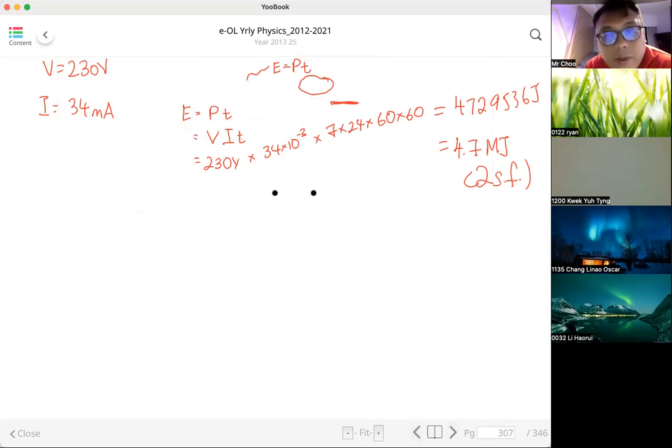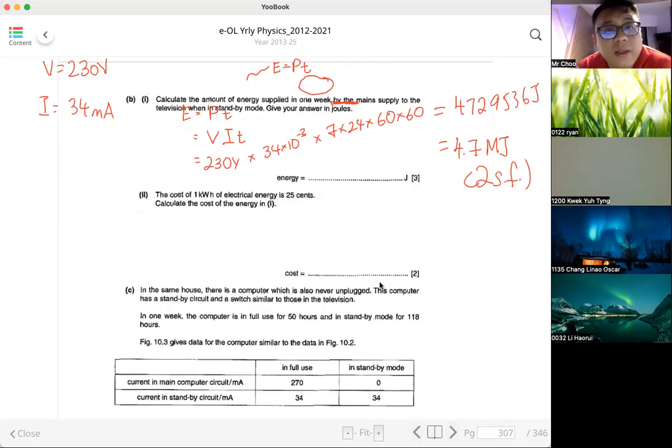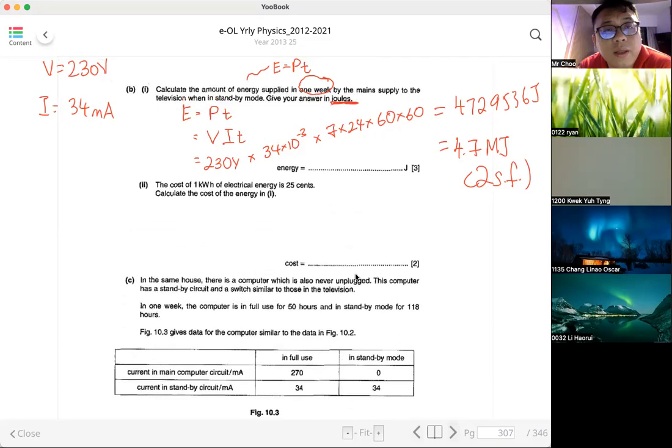So what he's trying to tell me is that in this question, calculate the amount of energy supplied in 1 week by the main supply to the television when in standby mode, we don't look at the 1 week. We should look at the when in standby mode. Okay, very good, very good.